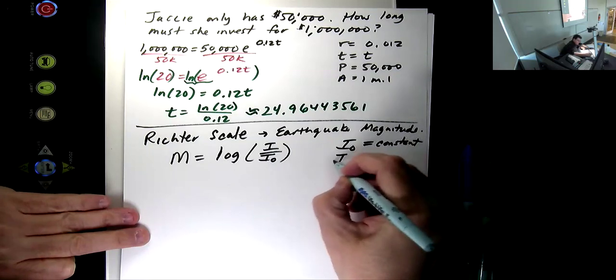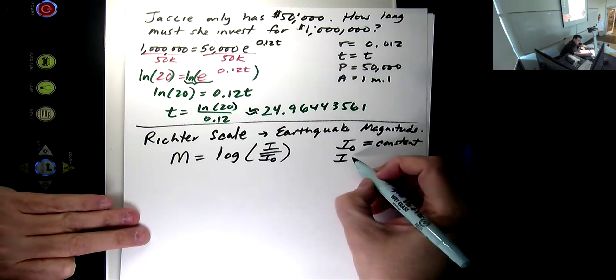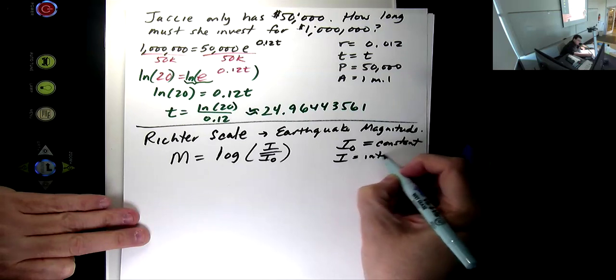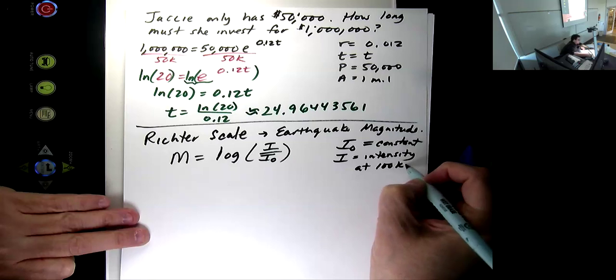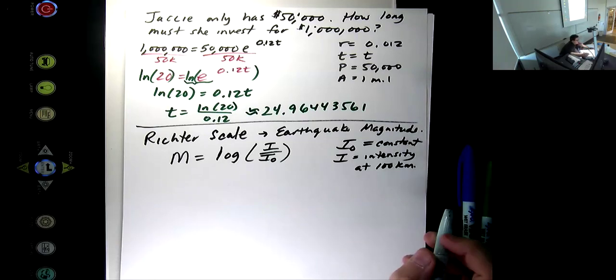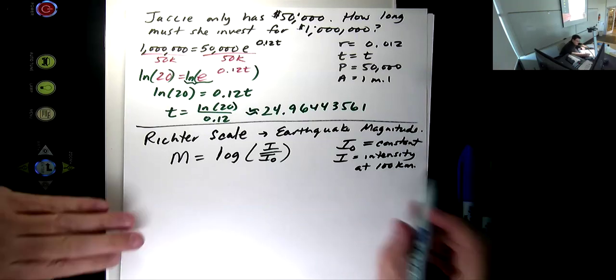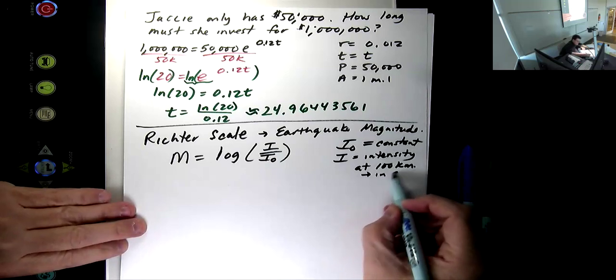And I is the intensity at 100 kilometers, like a seismograph 100 kilometers from the epicenter. I believe this is in centimeters.